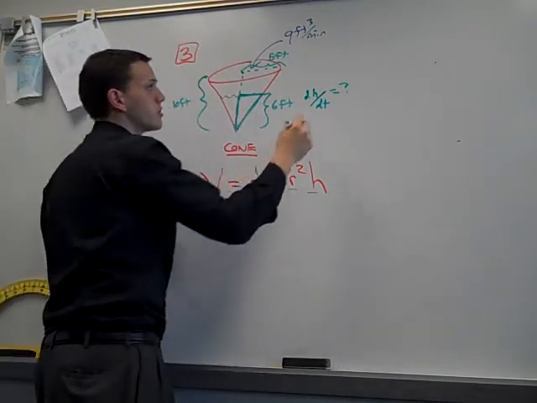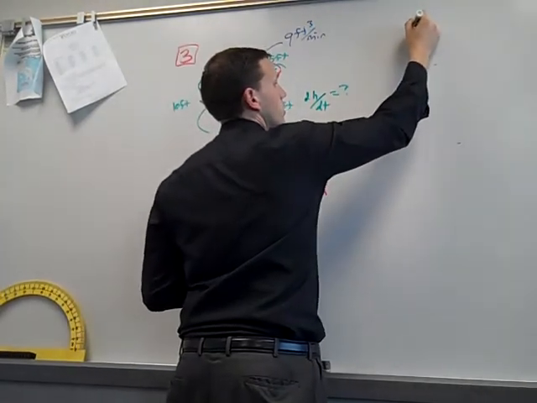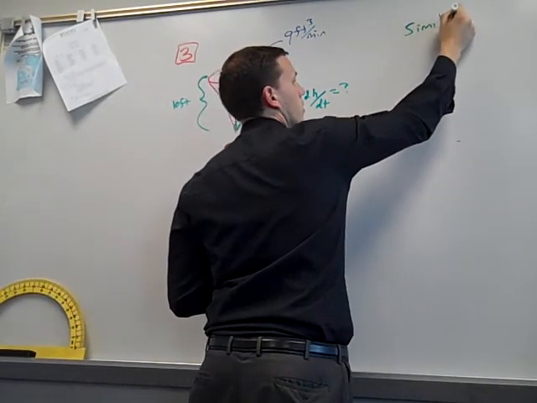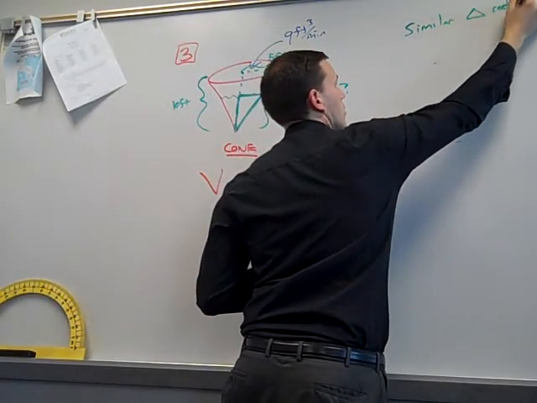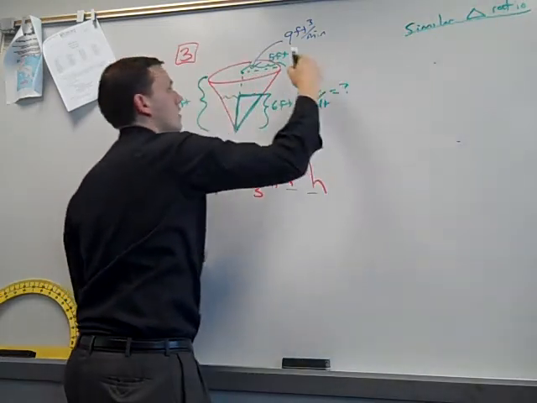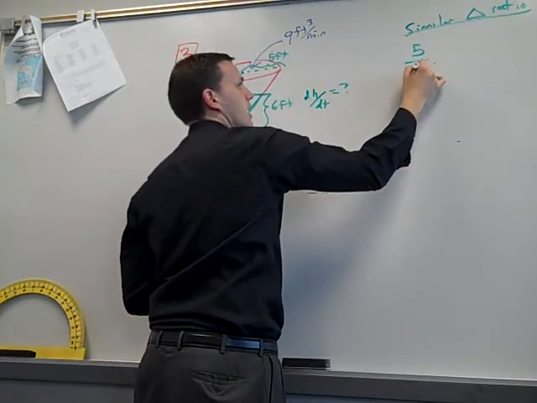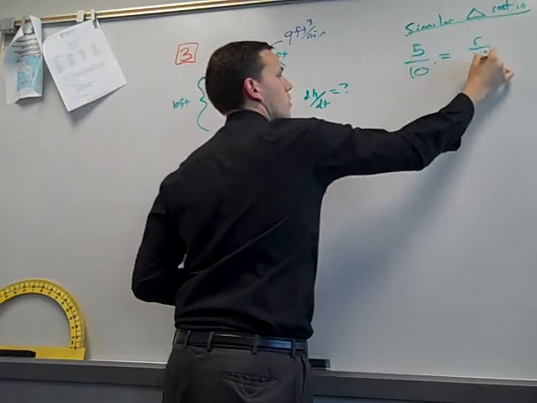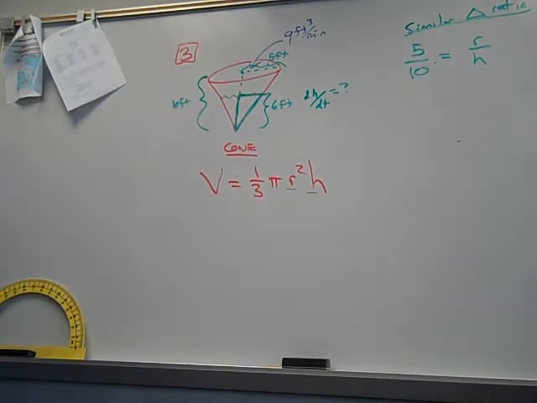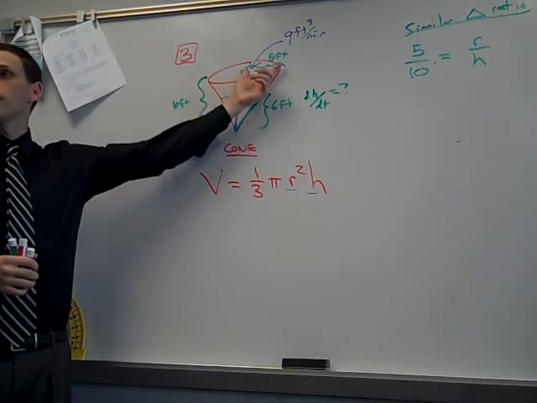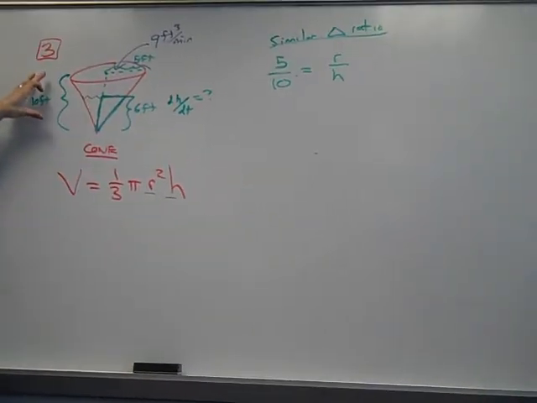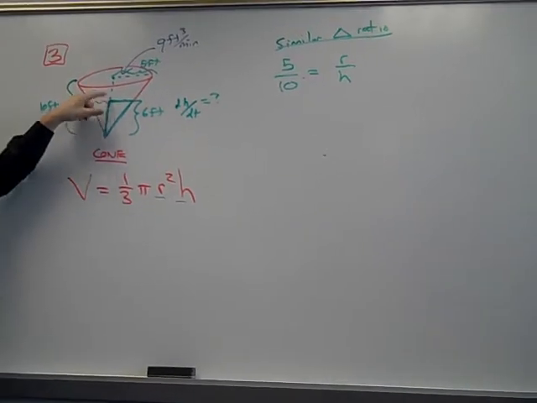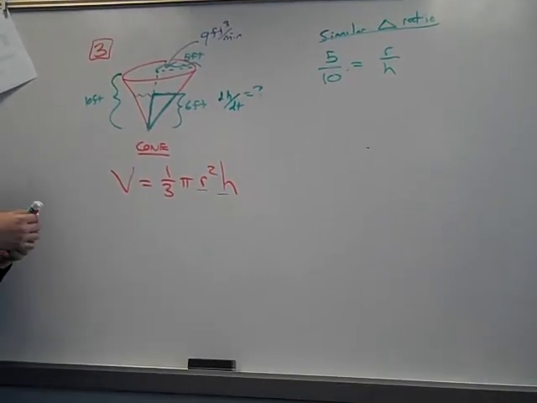So using the similar triangle ratio, we know that 5/10 will always be the ratio of r over h, because the original radius is 5, the original height is 10, and all these triangles are always similar to each other. Who could prove why they're similar?